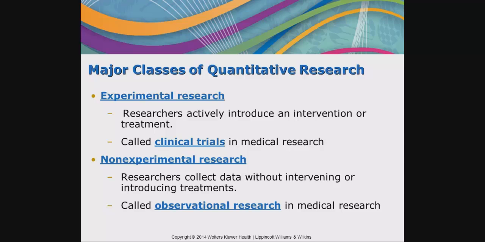And what I want you to know when we look at quantitative research, experimental research is the most rigorous. It is formal, it is objective, it is with tight controls, and this is where you're going to see those clinical trials in medical research conducted.